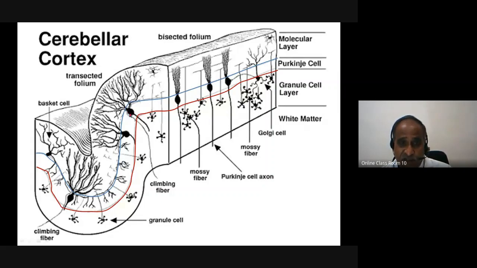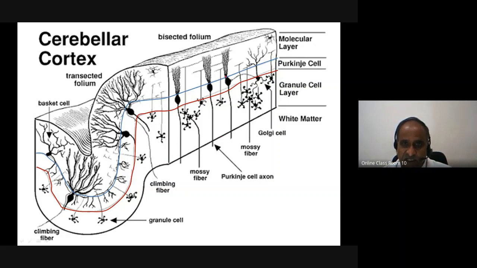As I was trying to impress upon you, this is the Purkinje cell. You have beautiful tree-like arborizations. Wonderful. And this tree-like arborization has a central axon and many dendrites. And this central axon will connect to the deep cerebellar nucleus.